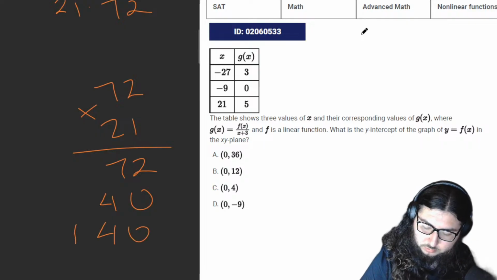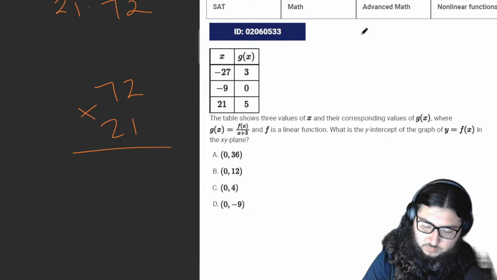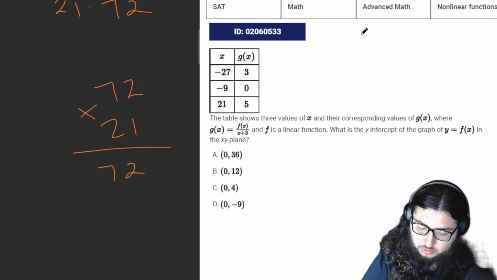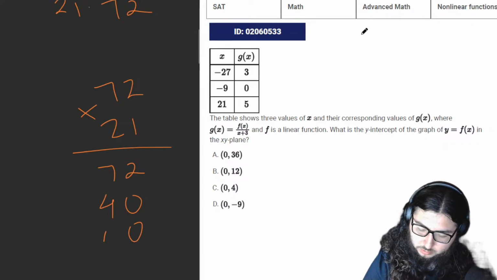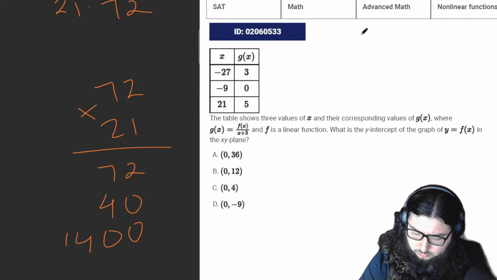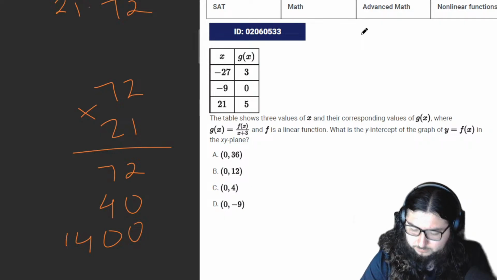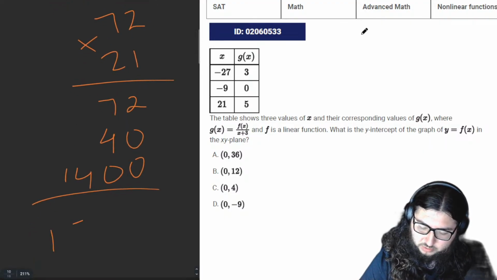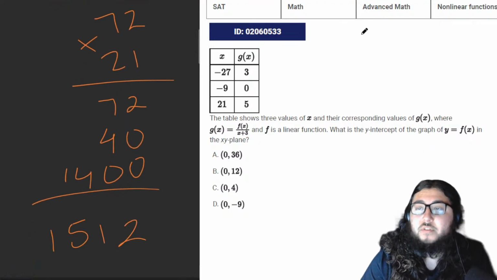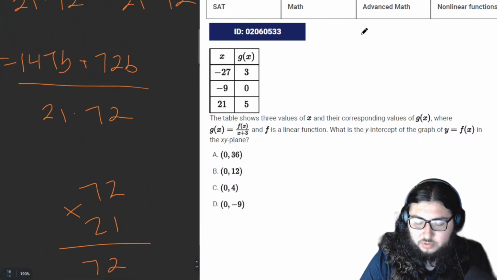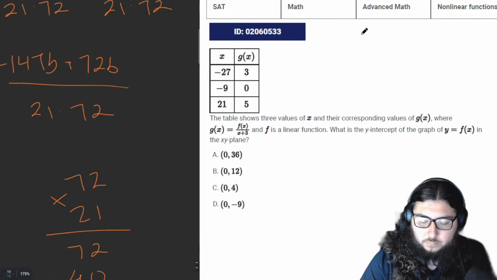That's so wrong. My bad. I don't usually do multiplication this way. So wait, 72 and then 40, and then 1400. Yes. Sorry, I was confusing myself there. So 1512. Hopefully we didn't do that wrong.